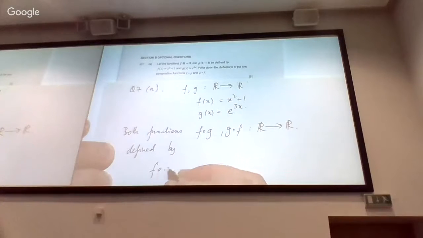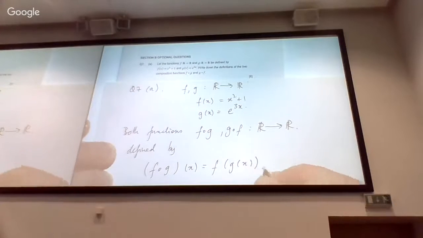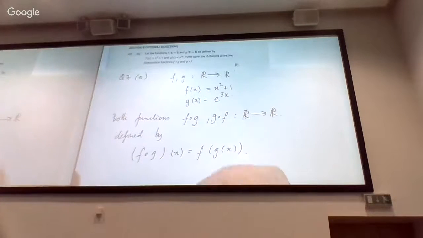So f after g, this function applied to x. You've got to remember that this is the definition: it's f after g. g is the function that's applied first to the argument x, then f is applied to the result of that. So this would be (e to the 3x) squared plus 1.